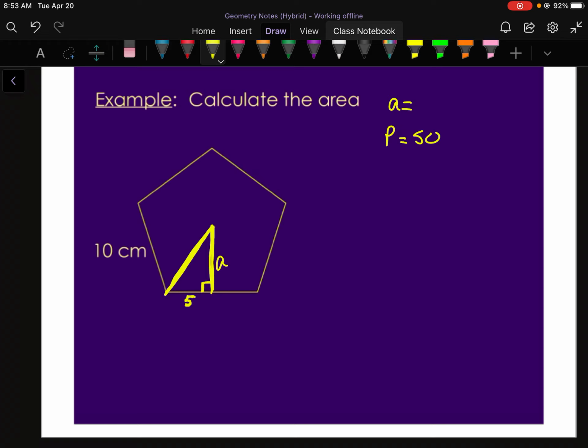Now, here's where things can get a little tricky. You're going to have to bring back those trig ratios we talked about a couple of units ago. And you're going to have to use the interior angle measurements we talked about a couple sections ago. So we can figure out the measure of just one interior angle of this regular pentagon, because they're all the same. So if we find one, we found them all.